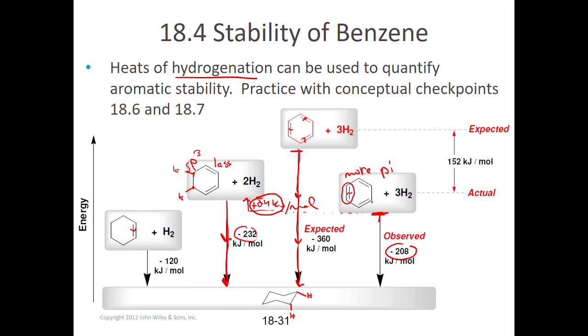But really, to break these 3 pi bonds, only 208 kilojoules per mole is released into the surroundings. So the difference there is what we think of as the aromatic stability. If there were no conjugation and no resonance, it'd be about 152 kilojoules per mole less stable than it really is. And so that is an experimental verification of how stable benzene is.